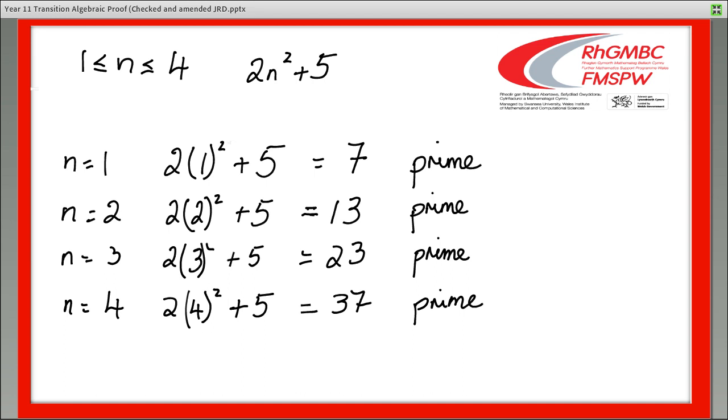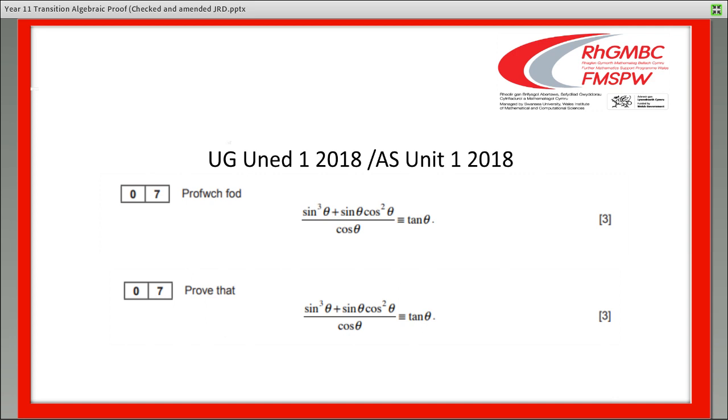Therefore, my statement is wrong. Not every prime number. So far, we've proved all bar 1. And that's the way it is. 2 is a prime number, it's even, so we cannot say all prime numbers are odd. Nearly all, most, all bar 1, we can say all those, but we can't say all prime numbers.